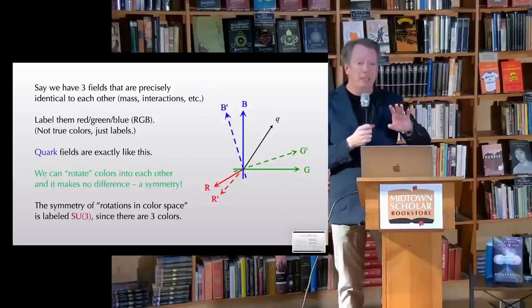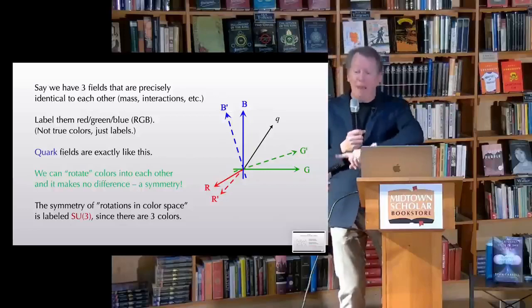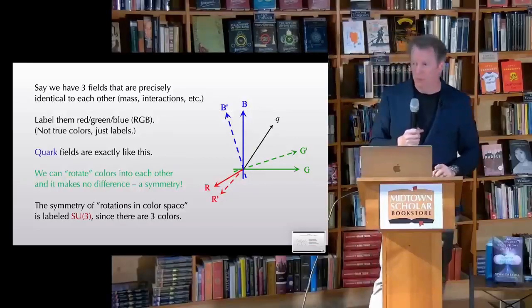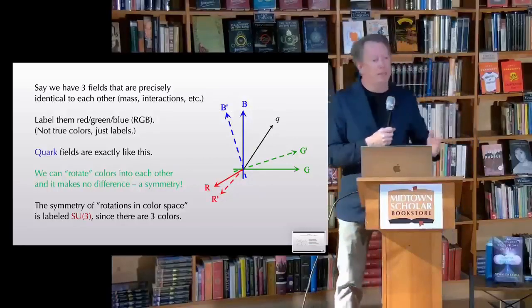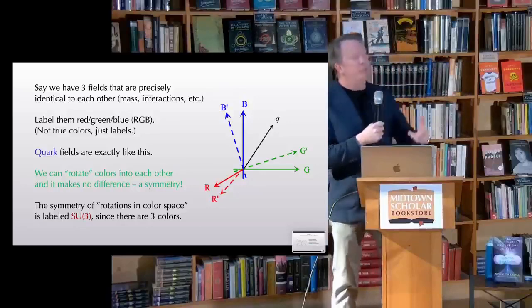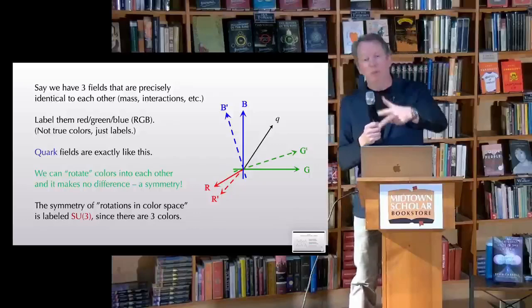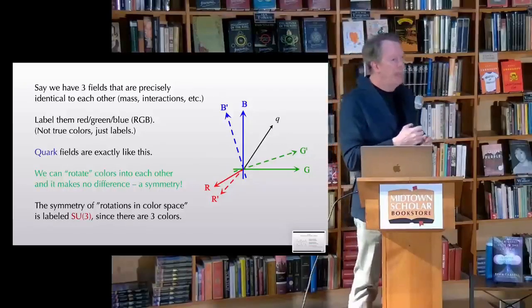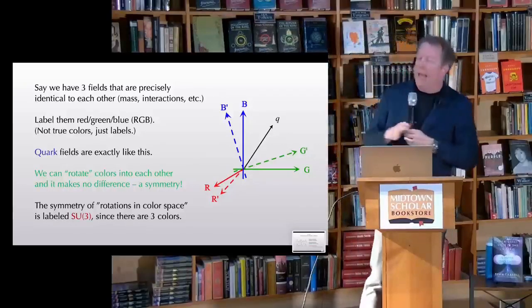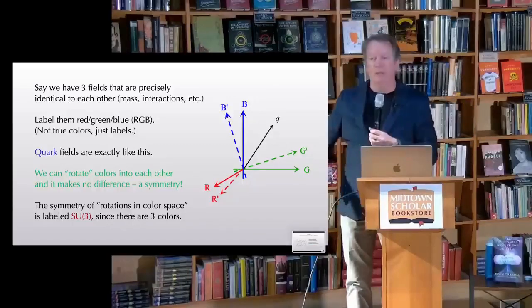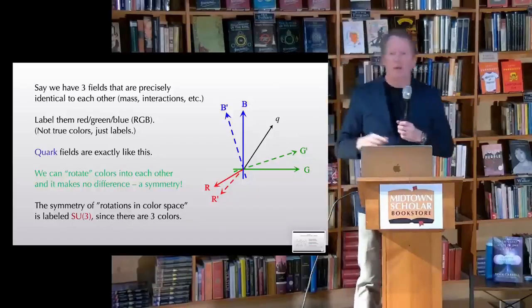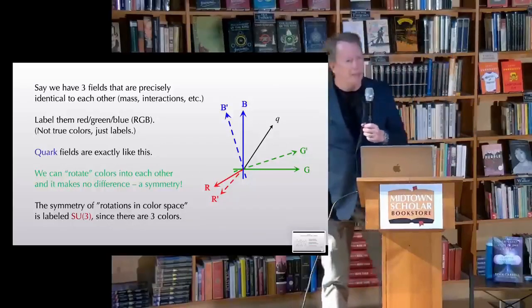And what that means is a quark can be halfway in between red and blue, or some weird combination of red, blue, and green. It's really a 3-dimensional space of vectors, red, green, blue space, or color space. And every quark has a direction. Every quark field, the up quark, the down quark, etc., has a direction in color space.